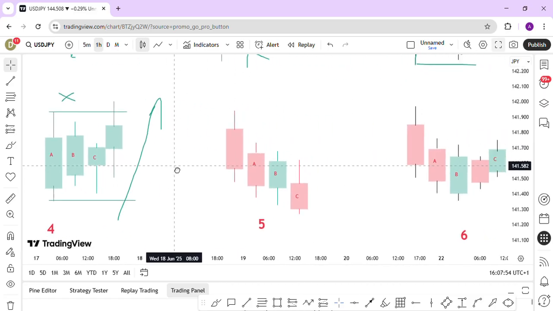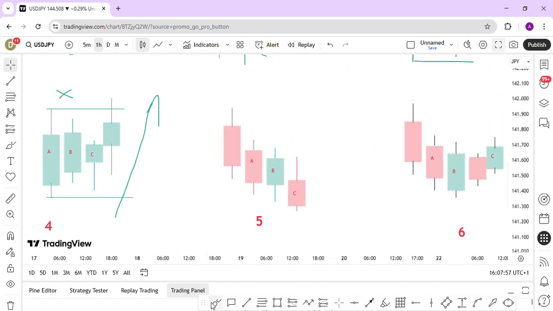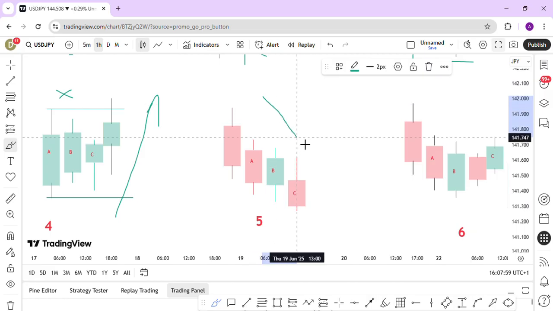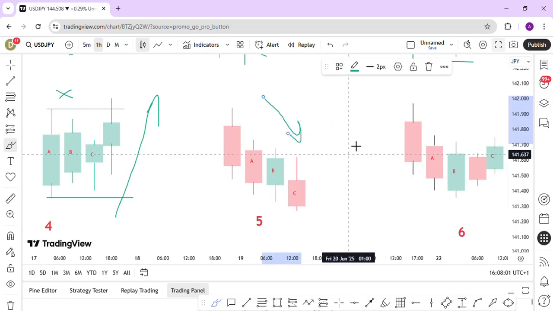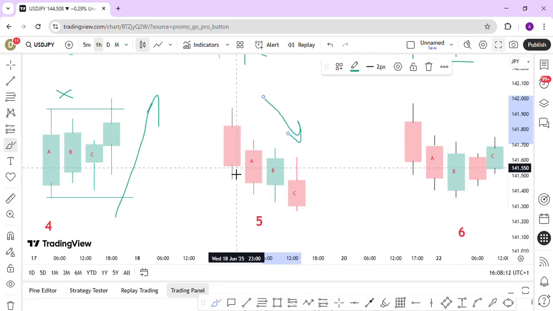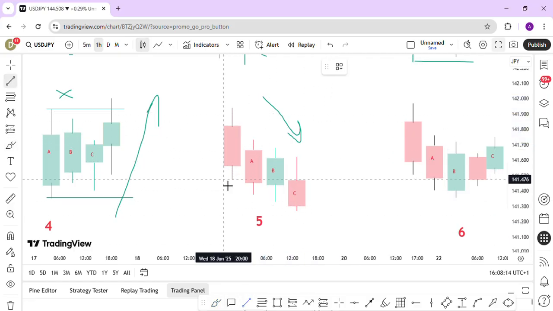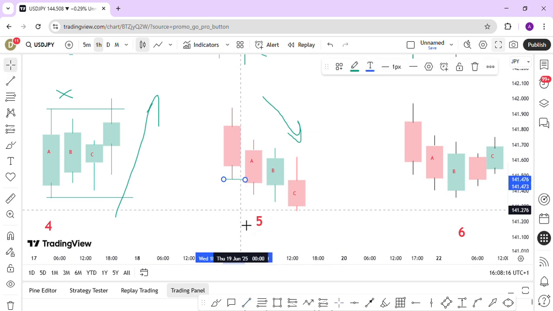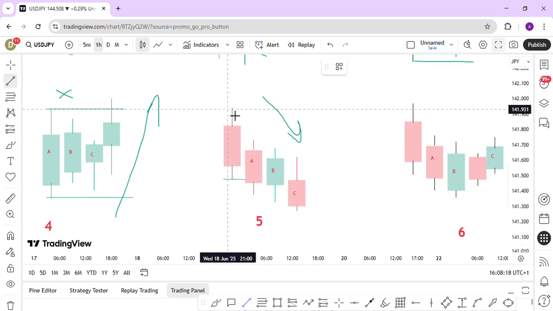So if we move to this one, this happens in a bearish scenario. Let's say the market is bearish now. Remember I said the number of candles doesn't matter, the color of the candle doesn't matter. In this bearish scenario, you can see that the first candle has the low here and the high here.